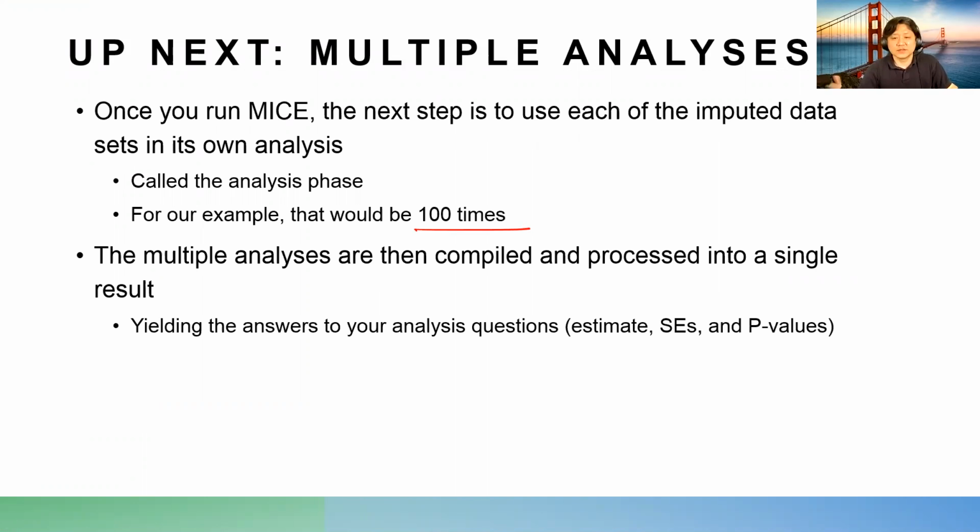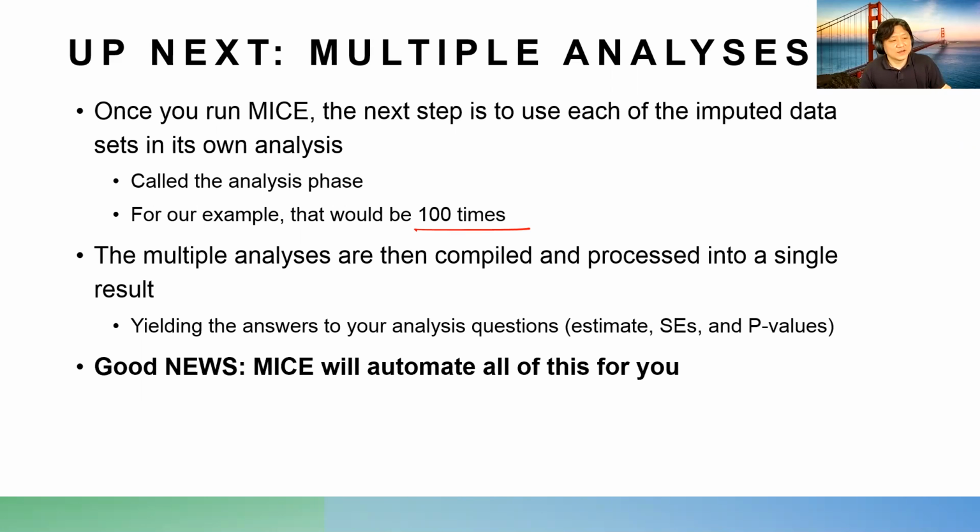In this case, my model is really simple and I have only 20 data points, which is why it ran pretty quickly. But if you have a large data set and a complex model, it will take a lot of time, so you should be careful with that. Then mice will automatically compile all the results for you.